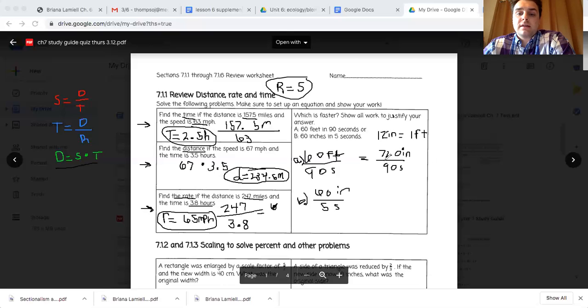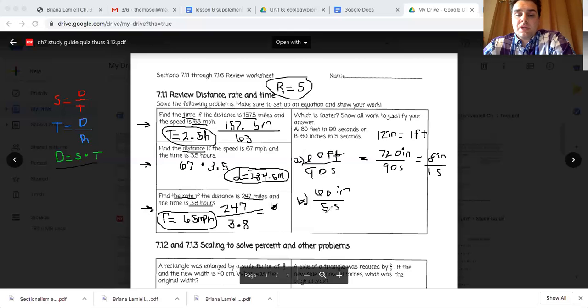Now, we have to divide because we have our inches over our seconds, just like we have here. So 720 divided by 90 gives me 8. So 8 inches to 1 second. So we have 8 inches in every 1 second.